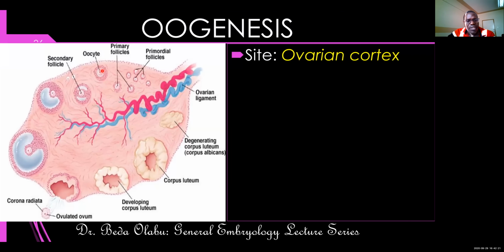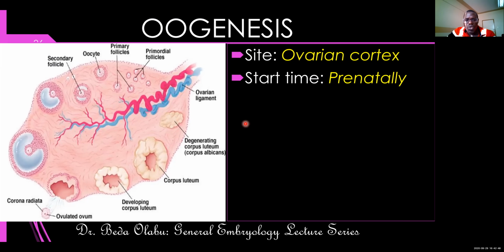These large things you're seeing here represent developing oocytes surrounded by a lot of supporting cells. We call them ovarian follicles. So the ovarian follicles are within the ovarian cortex. That's the site of oogenesis.